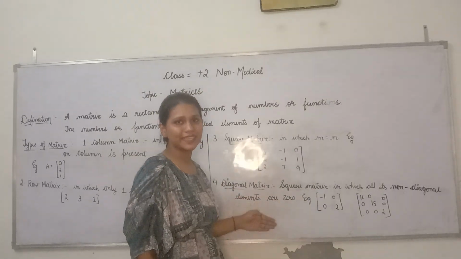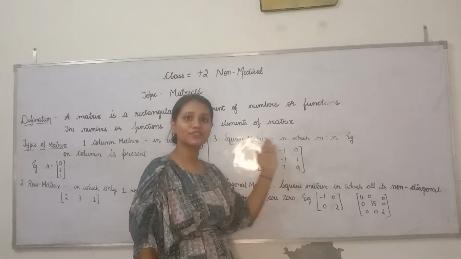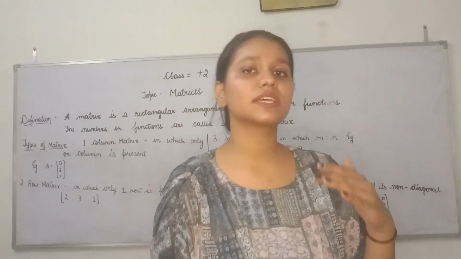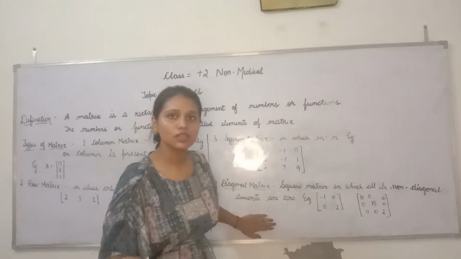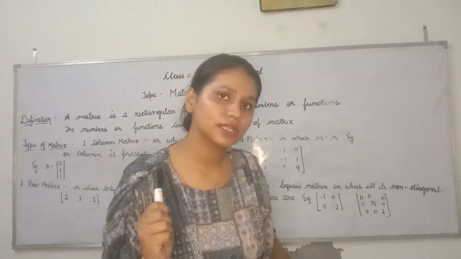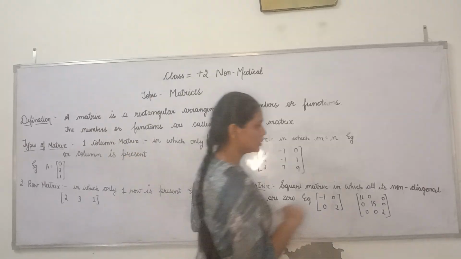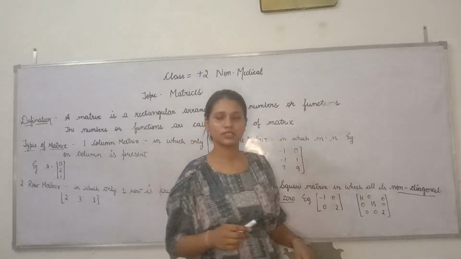And what is the diagonal matrix? The diagonal matrix is a form of square matrix, in which the number of rows and columns are equal, but the non-diagonal elements are 0.